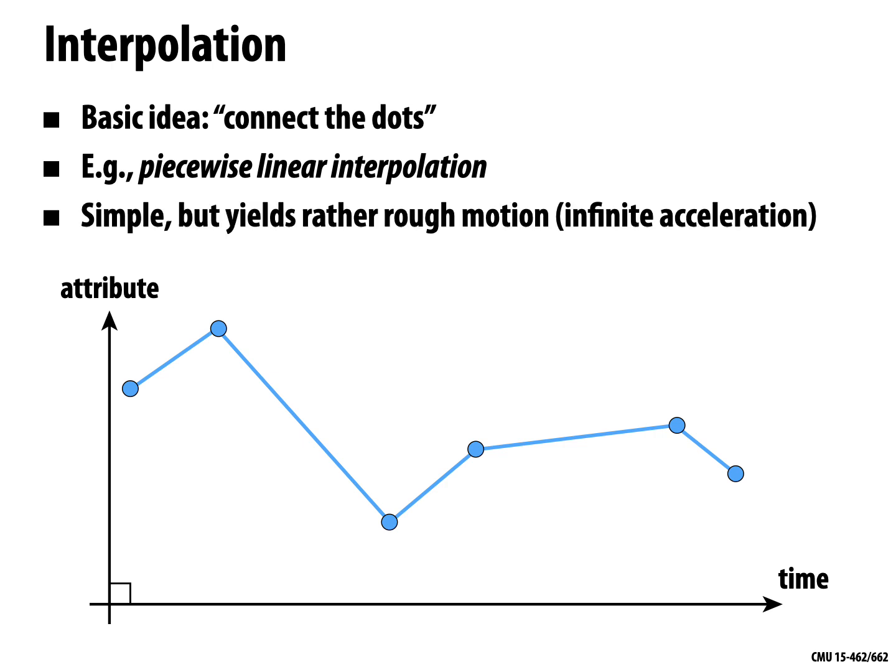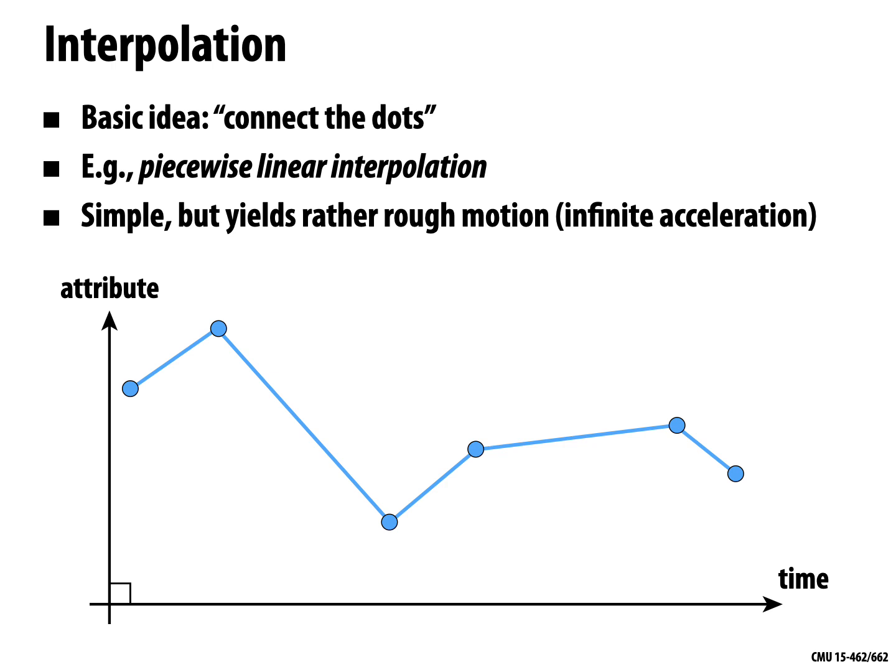Easy to write down, but not always the best thing to do for animation because it's going to have really rough motion. If we ask, how quickly is this curve accelerating over time, what does that look like? Well, the velocity is the derivative of the curve. The acceleration is the second derivative of the curve. So at these sharp points, we're getting infinite acceleration. And this looks really unnatural.